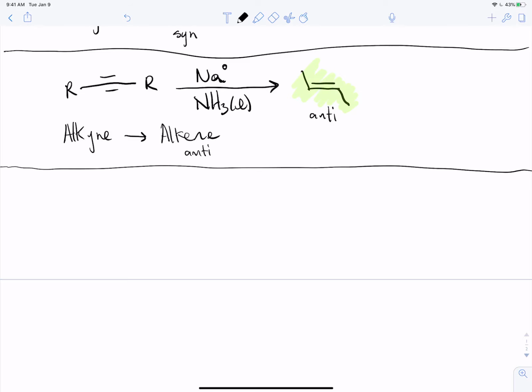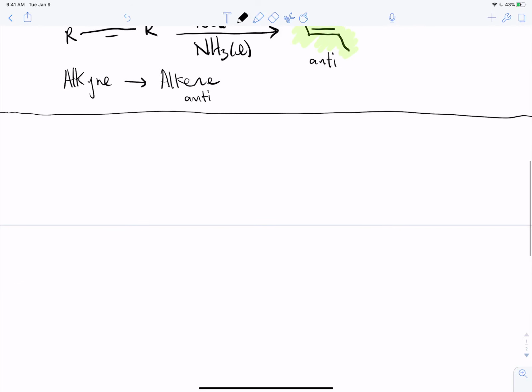Okay. So, what about some other reactions? We can also do an addition reaction. So that was a really common theme in the alkene section. We did a ton of different addition reactions.